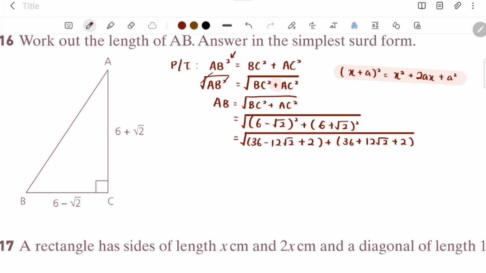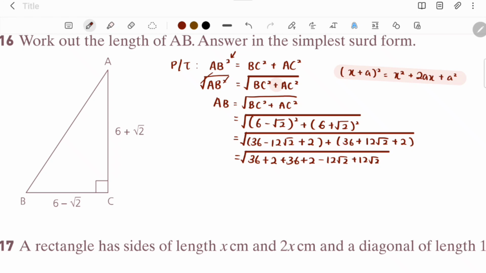Okay, simplify it. You can actually open the bracket because here is plus. So this one you should get 36 plus 2, and then plus 36 again plus 2 again, and then minus 12 surd 2 plus 12 surd 2.